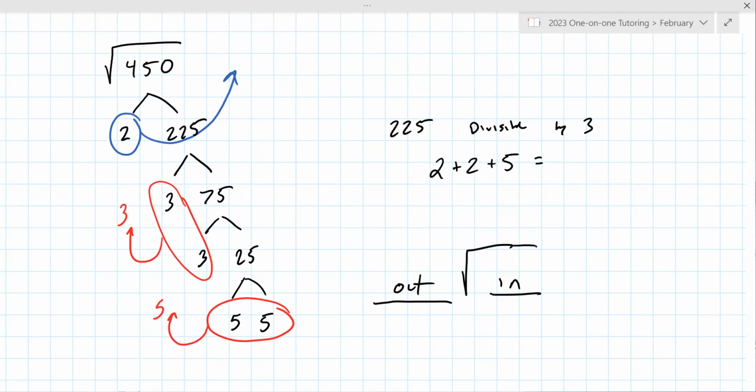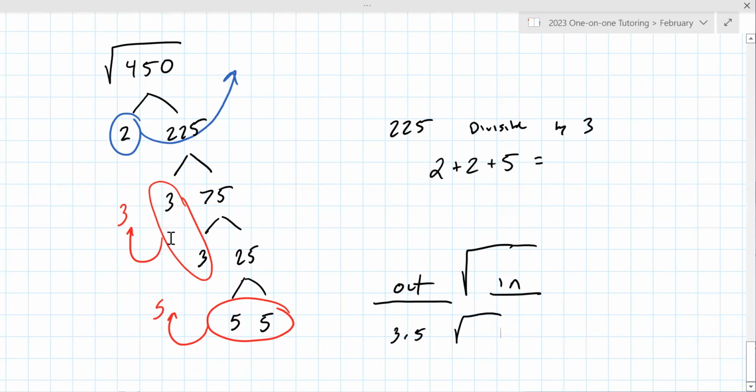What two numbers come out? 3 and 5. So 3 times 5. What's inside? Sourish, we've done this so many times.